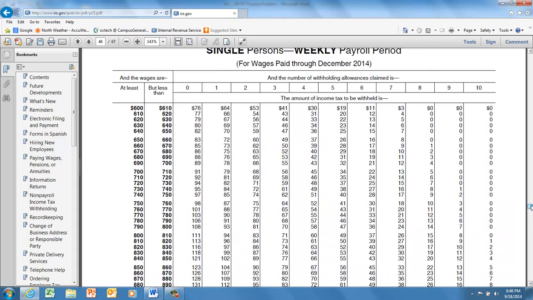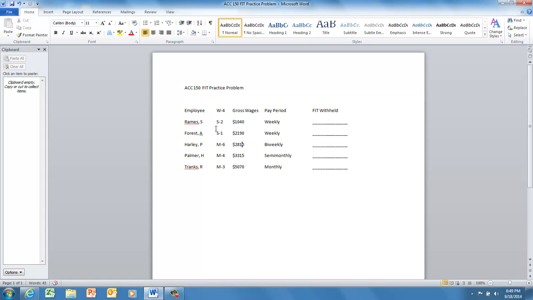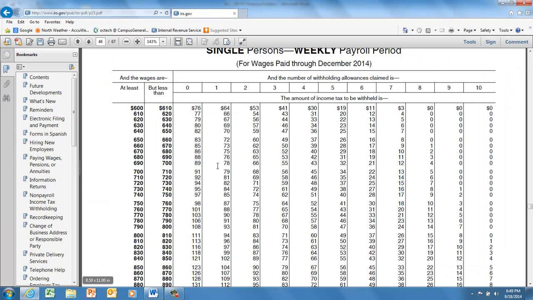Of course, also across the columns are the numbers that represent the withholding allowances. He is single with 2 allowances, so we're going to use that allowance column for the 2. You can see that there's an allowance for 0, so the 2 allowances is the 3rd column over.